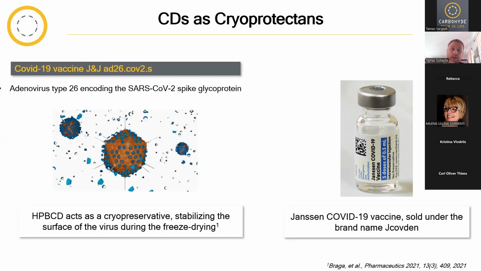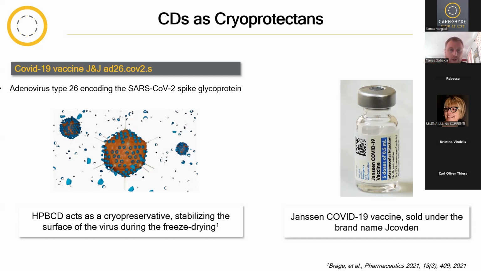And using cyclodextrins in the cryopreservation process is something that has also been known for a long time. This application was mainly exploited in veterinary applications. But here, apparently, this is also something that can be used, and it's a potential application for cyclodextrins.